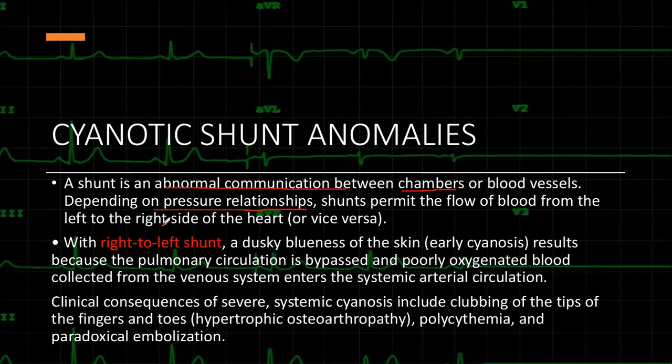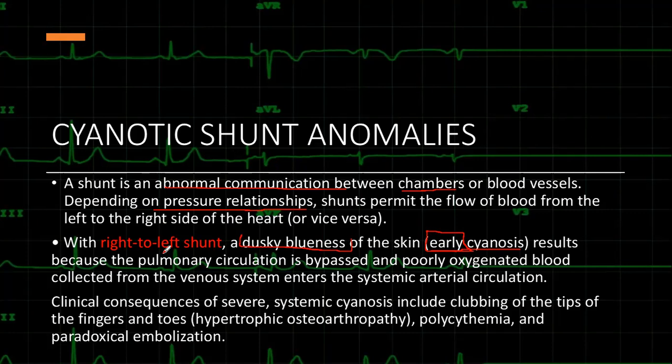Now, the right to left shunt anomalies are the ones which are associated with cyanosis. And cyanosis is simply a dusky blueness of the skin. And in the case of right to left shunt, we have an early cyanosis. Why early? Because in the left to right shunt anomalies, they have a late cyanosis.